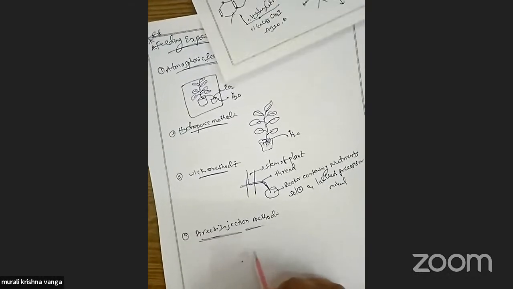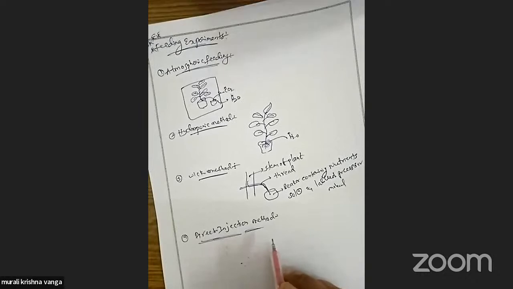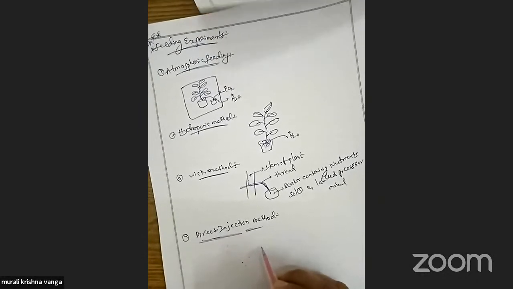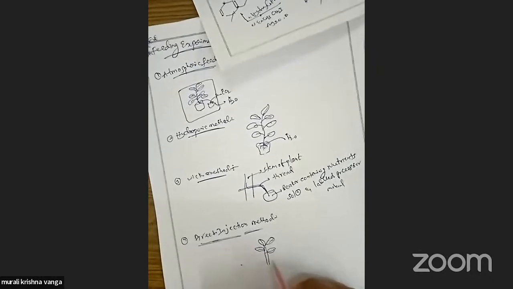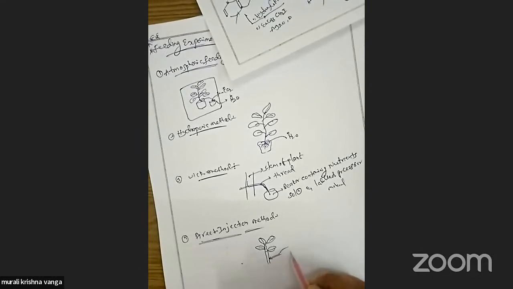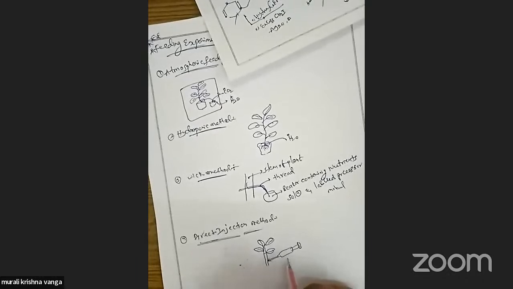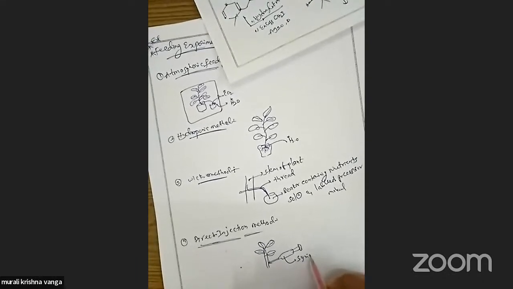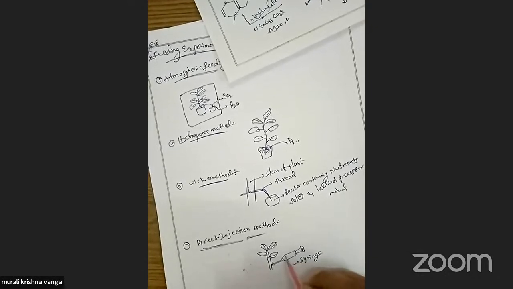So in this case, there is one plant here, and to this plant we inject using a syringe. In the direct injection method, we introduce the nutrient solution and labeled precursor molecules through the syringe.